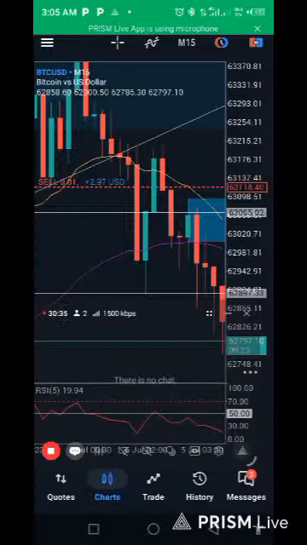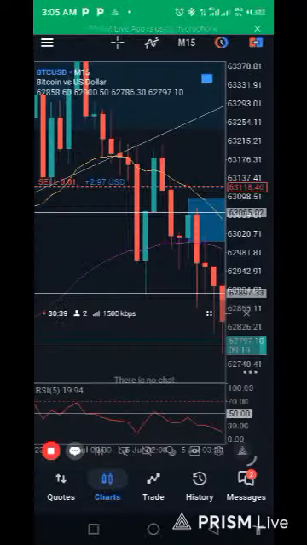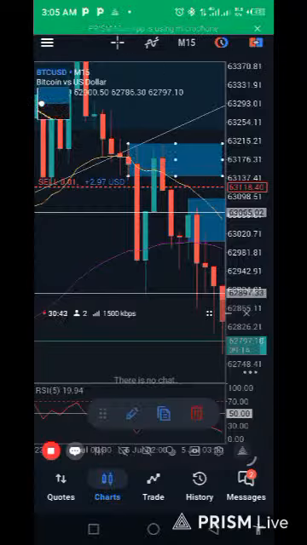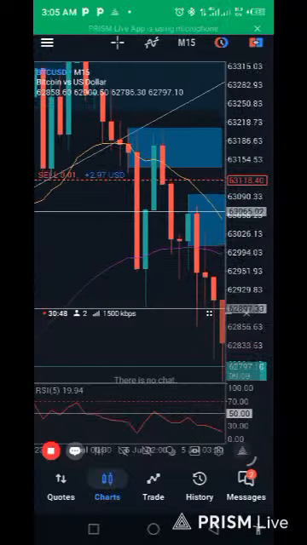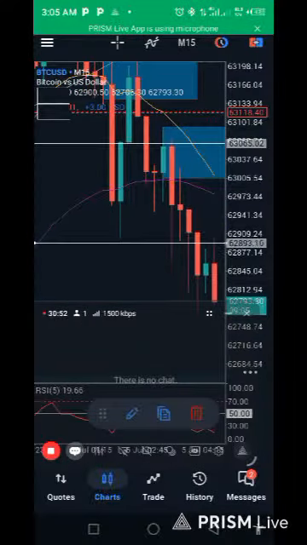Let me show it to you. It reacted to this other block here, you can see it, then reversed back down and broke this structure here.